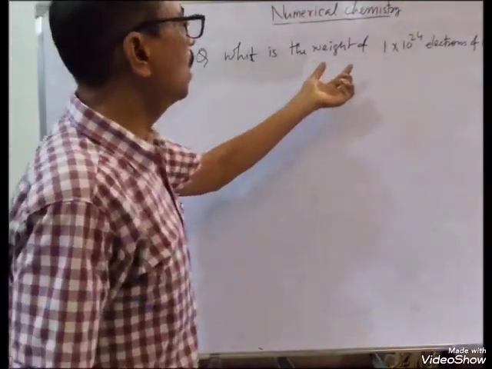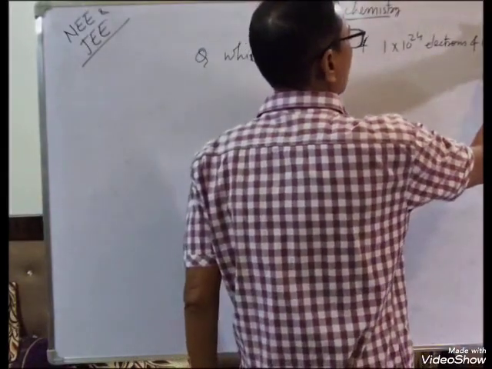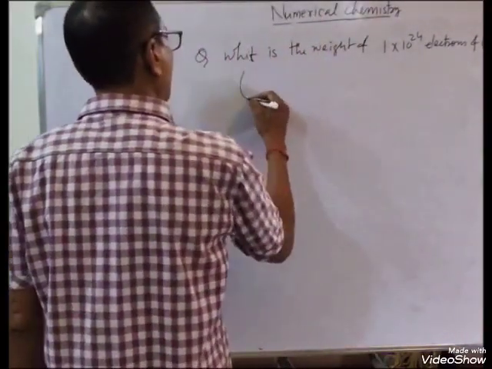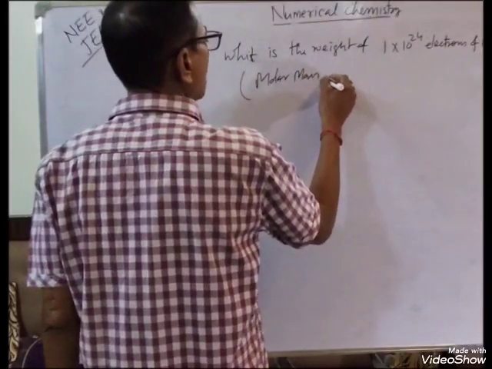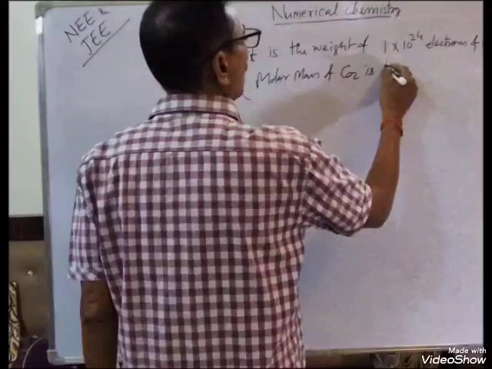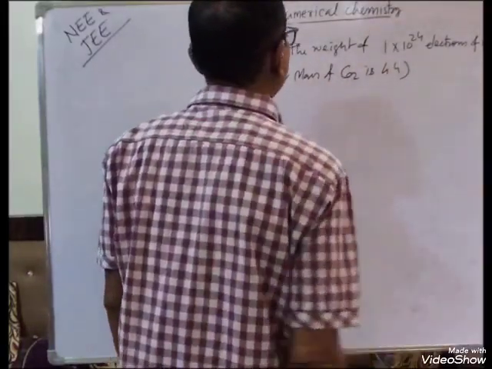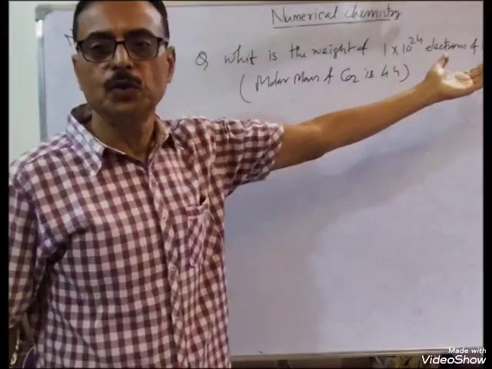What is the weight of this many electrons of CO2, carbon dioxide? Here molar mass is given. Molar mass of CO2 is 44. This is given. So you have to find out the weight of this many electrons of CO2.